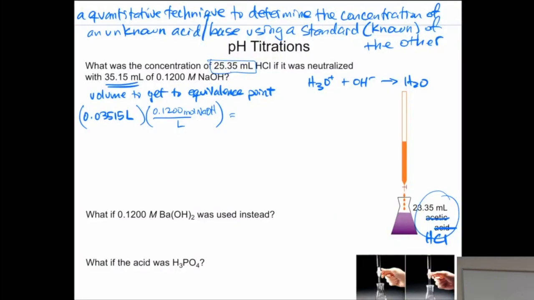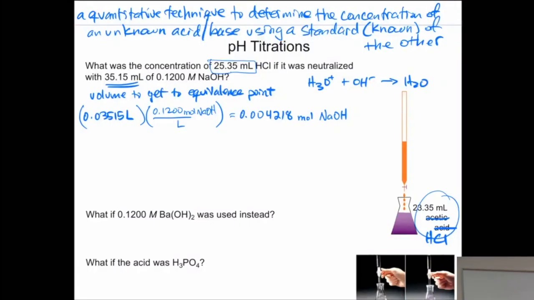Well, we have to calculate it. 0.03515 times 0.1200 gives me 0.004218 moles of sodium hydroxide. That's how many moles I added from the burette into the vessel to get to the equivalence point.